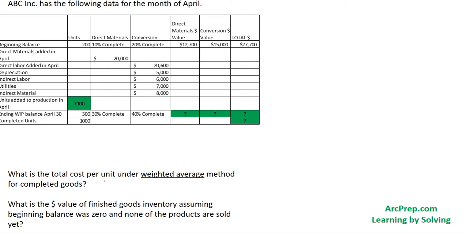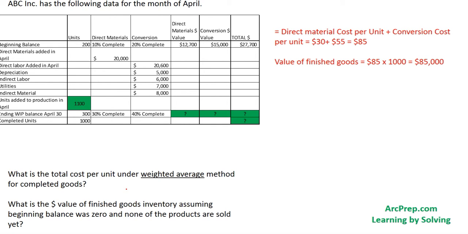What is the total cost per unit under the weighted average method? The total cost is nothing but direct material plus conversion. Conversion is direct labor plus manufacturing overhead. So my total cost is direct material plus direct labor plus manufacturing overhead. 30 plus 55 is $85 for each completed unit.